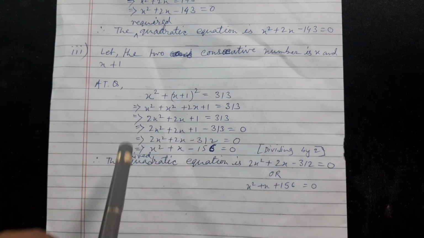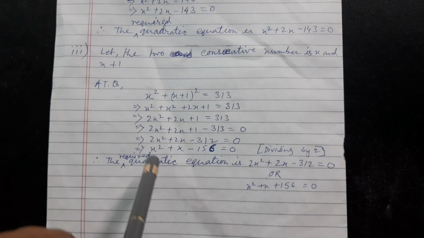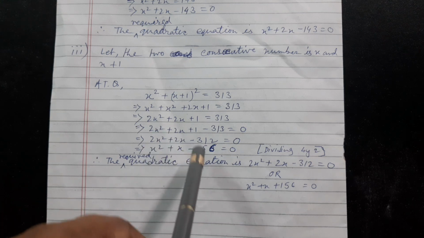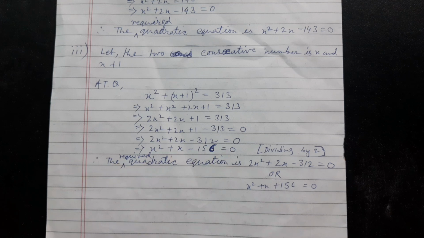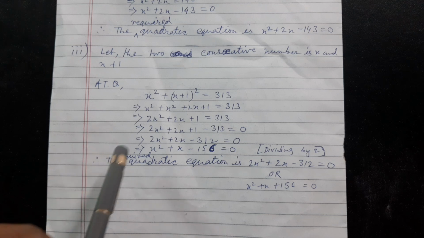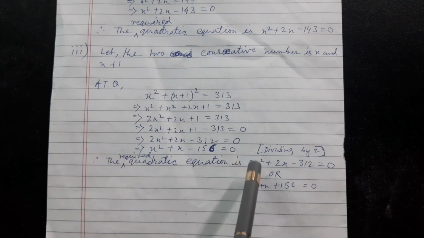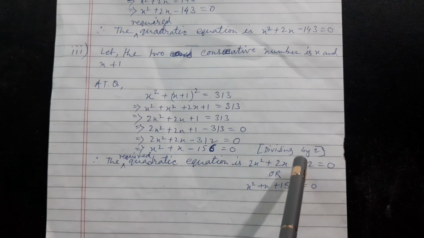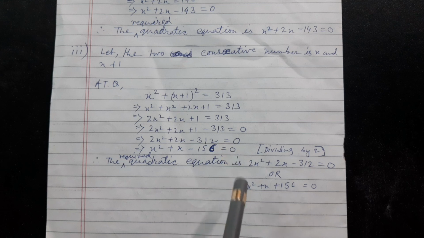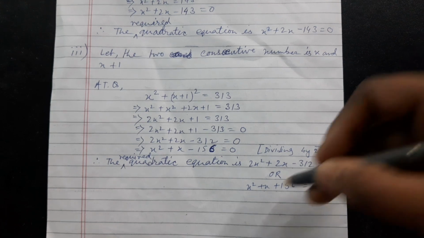After dividing by 2, the equation will be x square plus x minus 156 equal to 0. This is the required quadratic equation. Therefore, the required quadratic equation is 2x square plus 2x minus 312 equal to 0 or x square plus x minus 156 equal to 0. Sorry, here is a silly mistake. This will be minus 156, not plus.